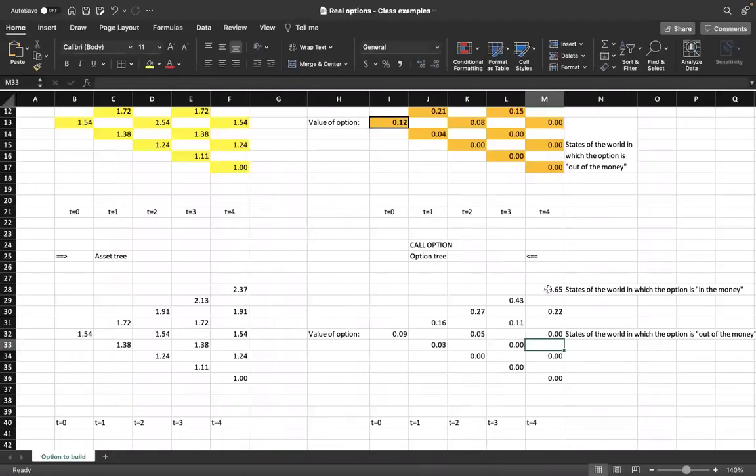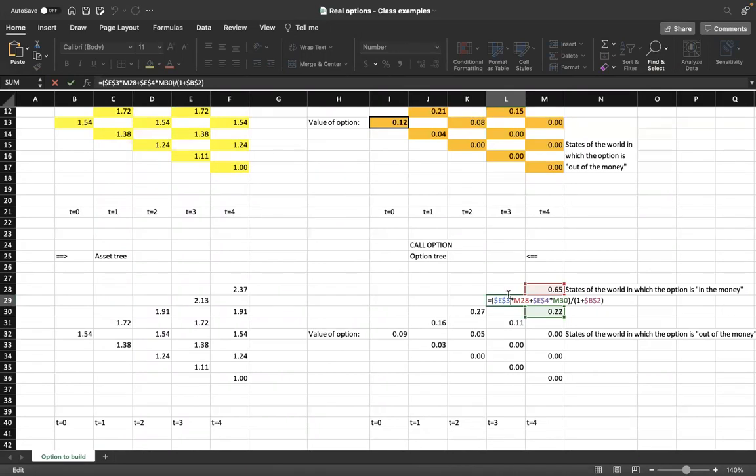Because the last period payoff is discounted back each period. Like at time t equals 3, the numbers are coming from t equals 4. If I multiply 95% on the last period payoff, it will always be there when you discount everything back to time 0.